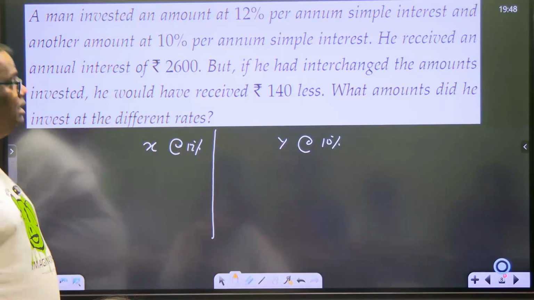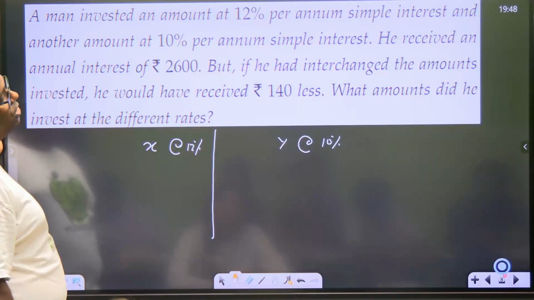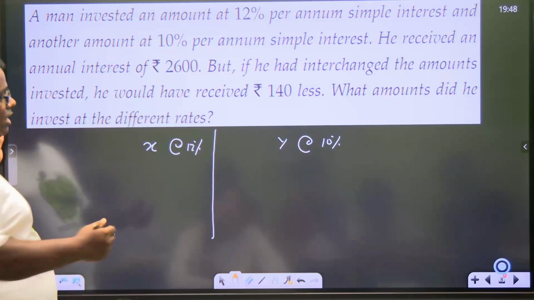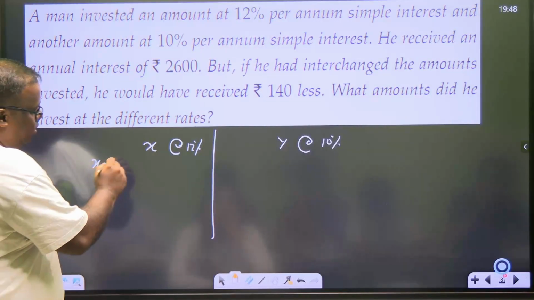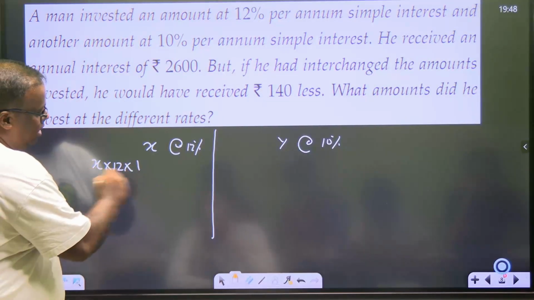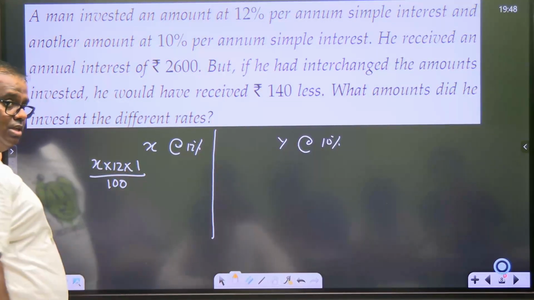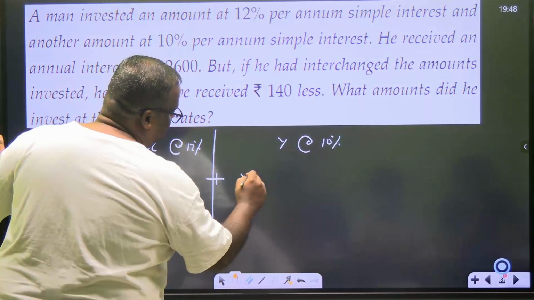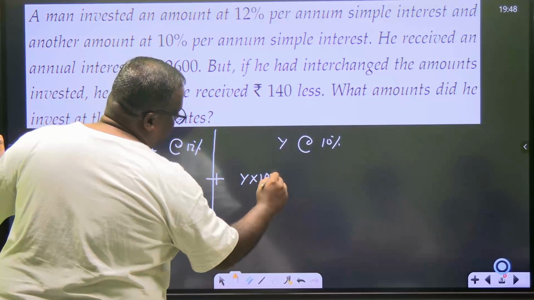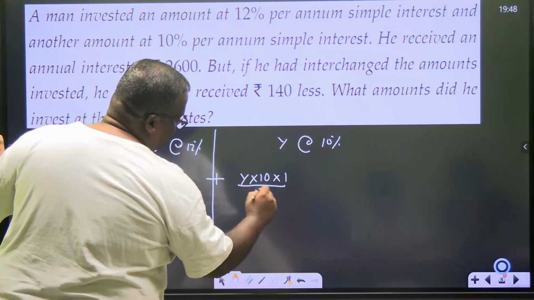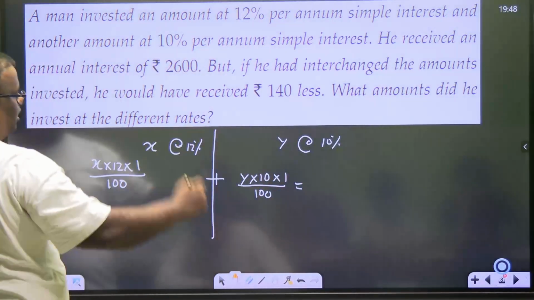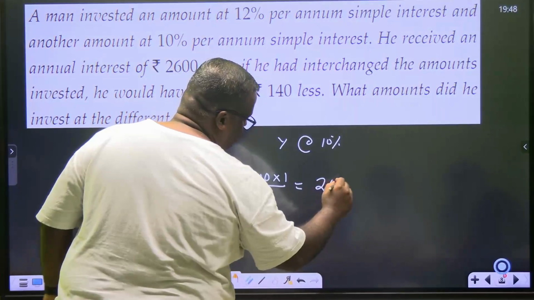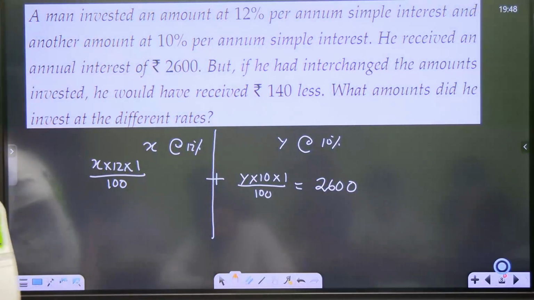Annual interest means 1 year. So P into R into T by 100. This is interest. And here how much interest am I getting? P into R into T by 100. If I add both the interest, I am getting how much, beta? 2600. Equation number 1.